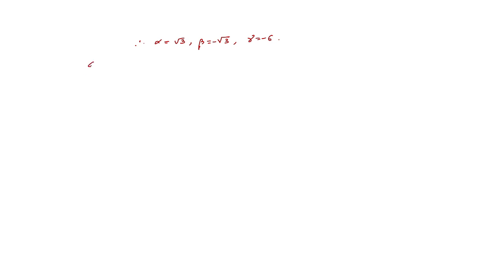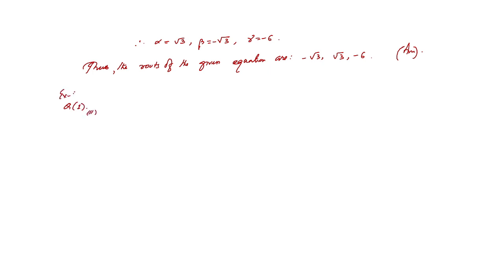Thus the roots of the given equation are root 3, minus root 3 and minus 6. So this is our answer. Now we come to the next problem. So this is question 1 to exercise 5C. The problem has been asked in that way: you solve the equation.